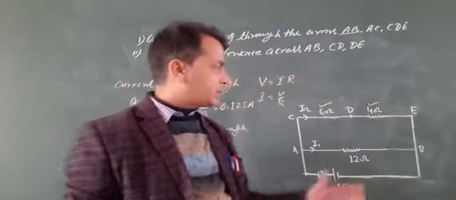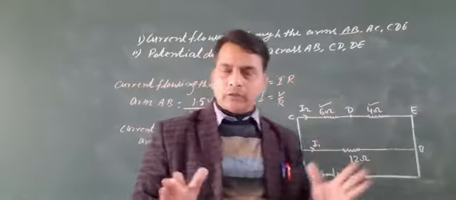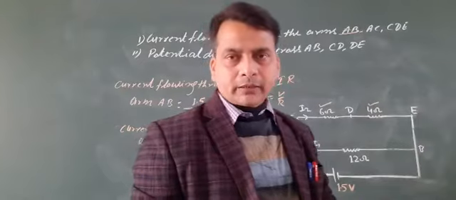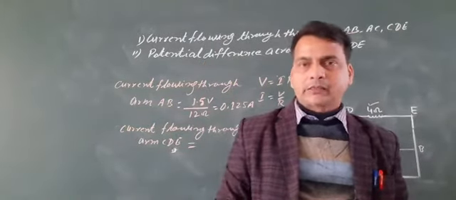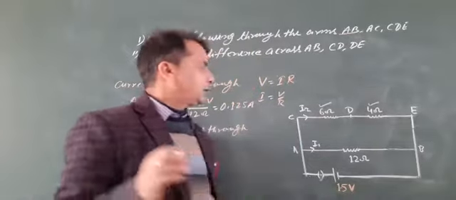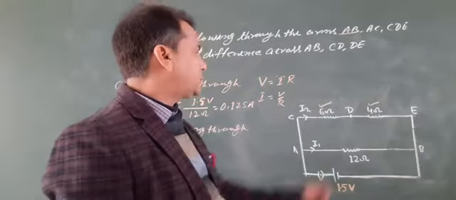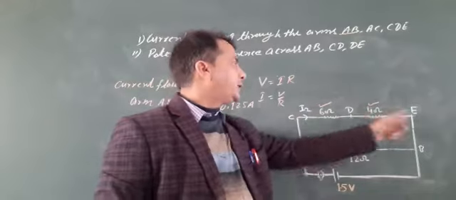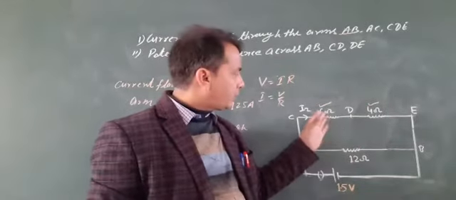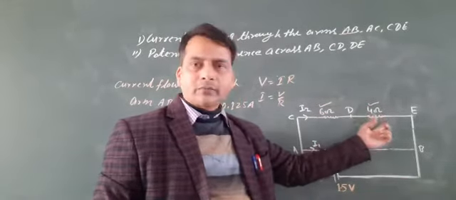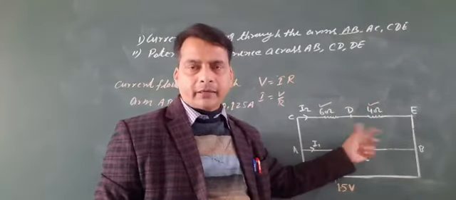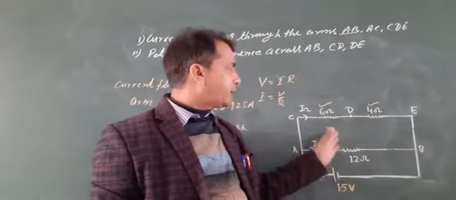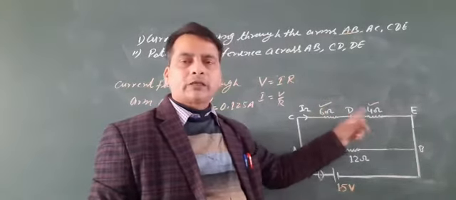According to the series combination, if two or more resistors are joined end to end, the current will be the same in each resistor and the potential difference is different in each resistor. So in the arm CDE, the first resistor is 6 ohms and the second is 4 ohms. They are connected end to end, so they are said to be in series combination.